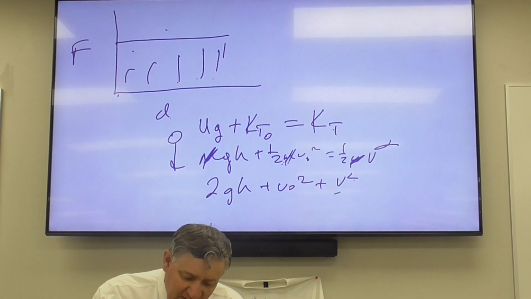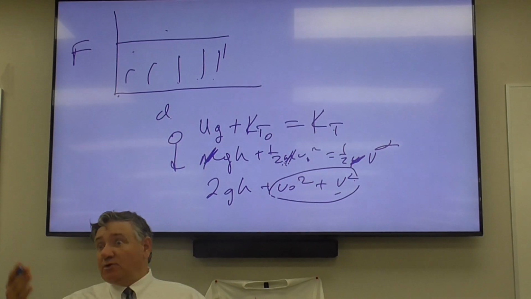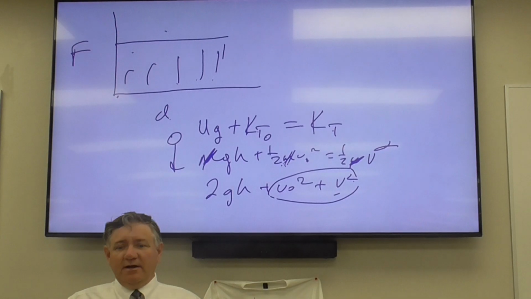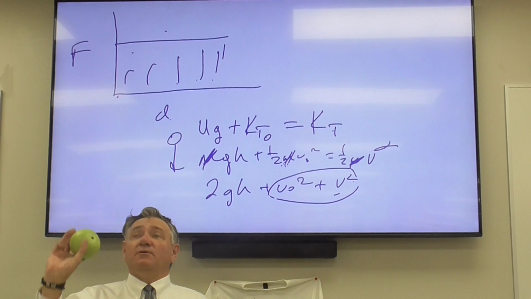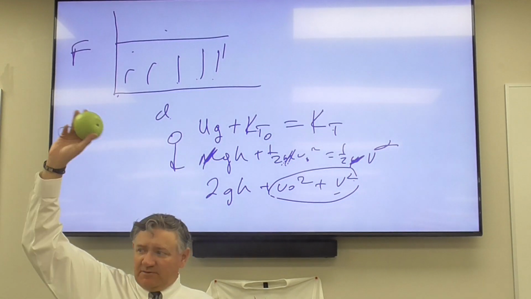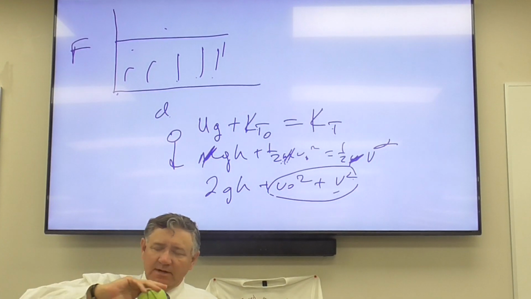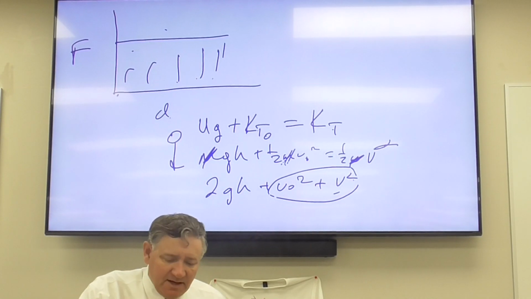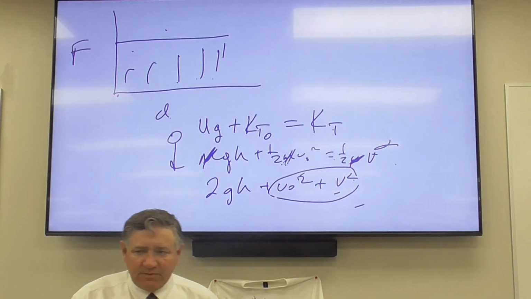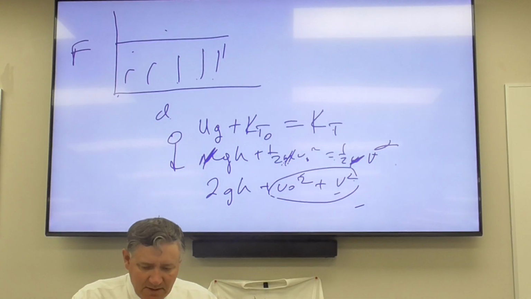Now, because this is a scalar quantity, it doesn't make any difference which direction I throw that ball. I could throw it at a 45-degree angle, I could throw it down, I could throw it up. As long as I throw it from the same height and with the same velocity, it's going to land with the same overall velocity.